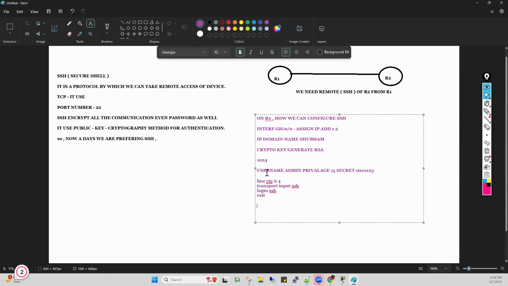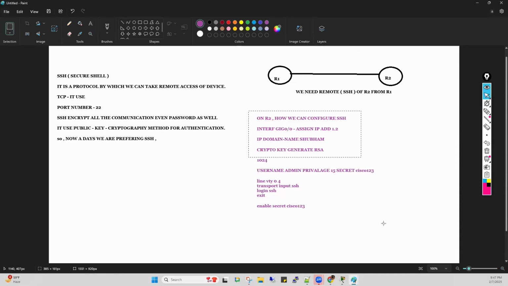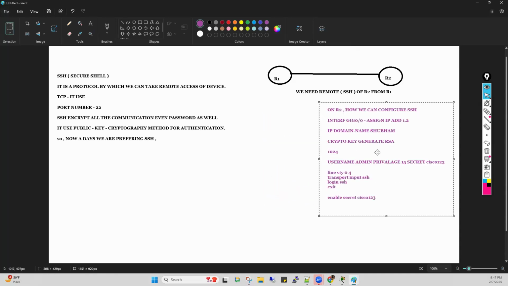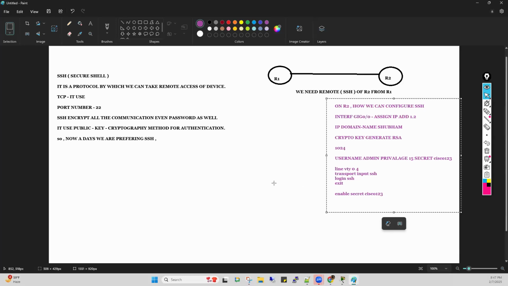And if you want to set the enable secret, you can set enable secret, for example Cisco123. That's all. So basically this is the command you need to configure on R2 if you want to enable SSH. Getting my point? Yes or no?